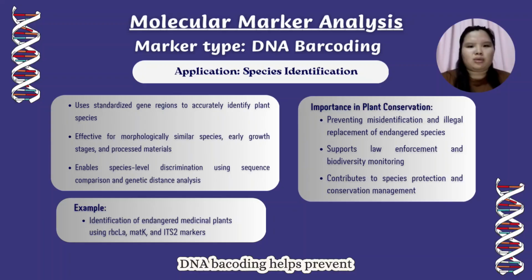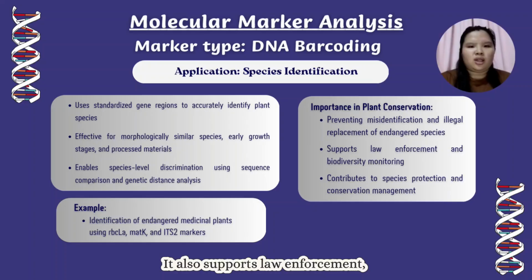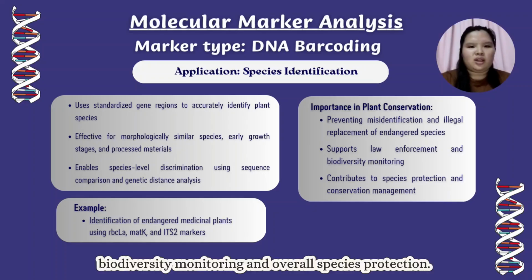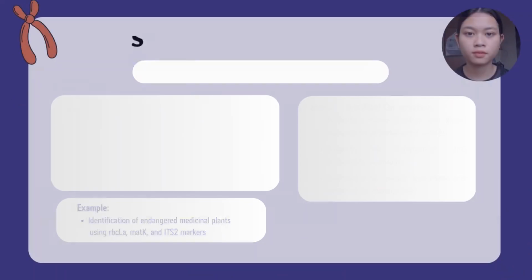DNA barcoding helps prevent misidentification and illegal trade of endangered species. It also supports law enforcement, biodiversity monitoring, and overall species protection. An example is the identification of endangered medicinal plants using the rbcL marker and ITS2 marker.